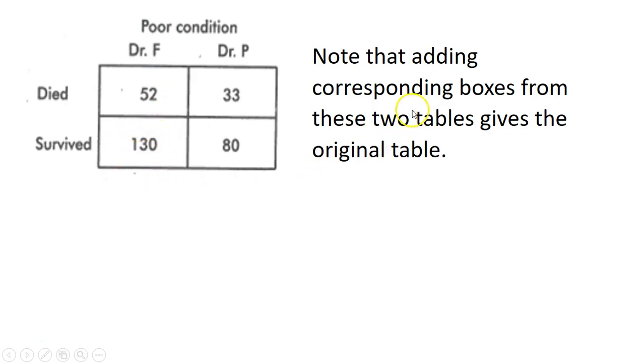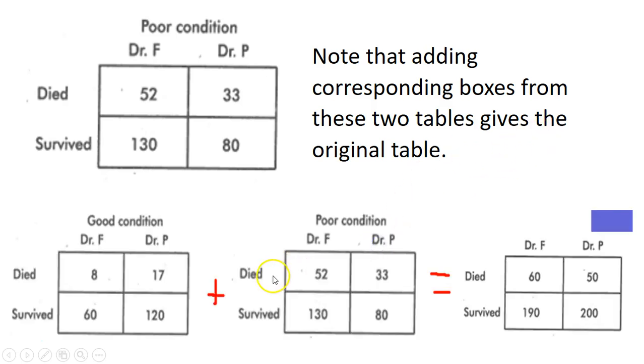So note that adding corresponding boxes from these two tables gives the original table. So my point is, if this was the table at the very end, the total that died, in good condition and bad condition. So the point is, yeah, it looks like he had more people total that died, but most of them were also in poor condition. He barely had any that were in good condition and died.